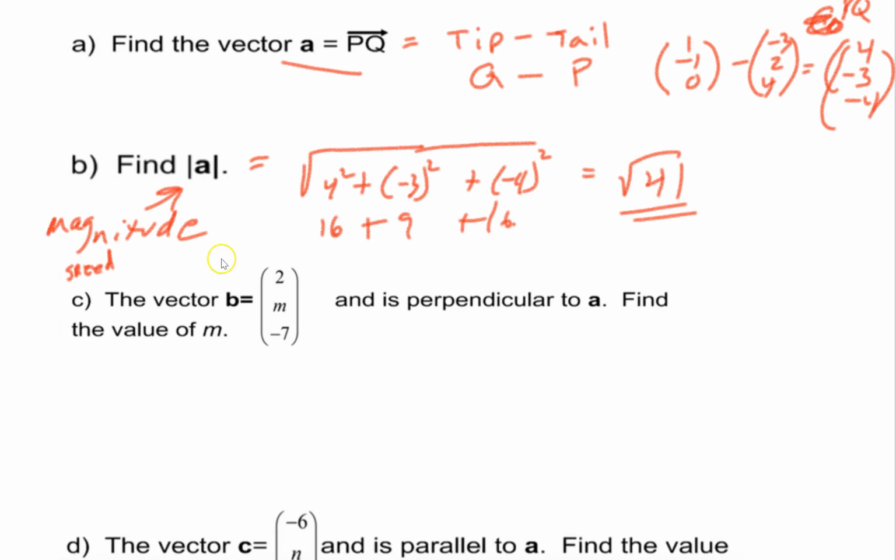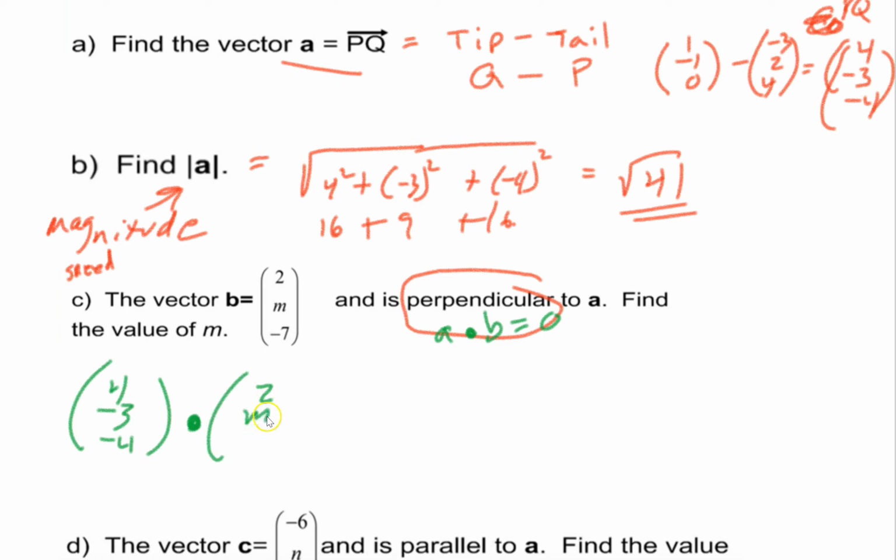Look at the next one. The vector B, 2, m, negative 7 is perpendicular to A. So again, keyword perpendicular. They could have said form a right angle, make 90 degrees, whatever. But when I see those, I got to think, A dot B equals 0. I know what A is, found it earlier. Now I'm going to dot it with B, 2, m, negative 7, because they said the magic word perpendicular, so I know they equal 0.